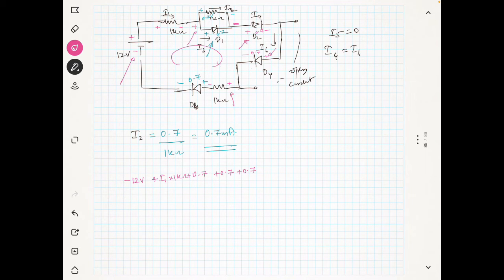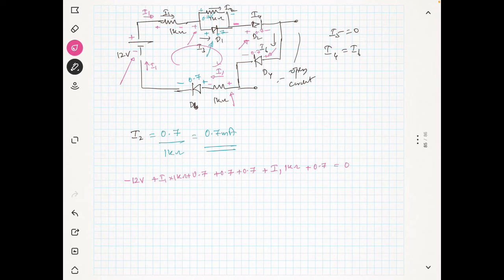Then you can see this part as plus I1. Because this current is I1, this current is also I1, and the same current is I1 here. So it is I1 into 1 kilo ohm, then plus 0.7 is equal to 0.